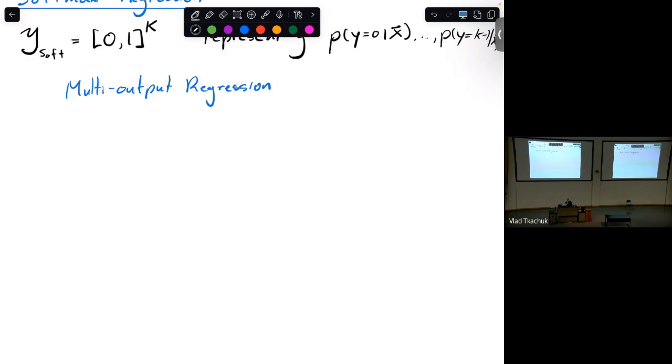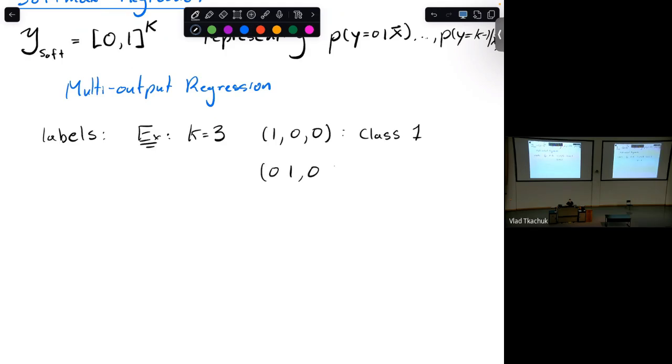And so what the labels will look like in this case for this regression problem is, for example, if k equals 3, well then something like 1, 0, 0, so that's the three-dimensional vector, will be for class or for label 1, and then something like 0, 1, 0 will be for class 2.